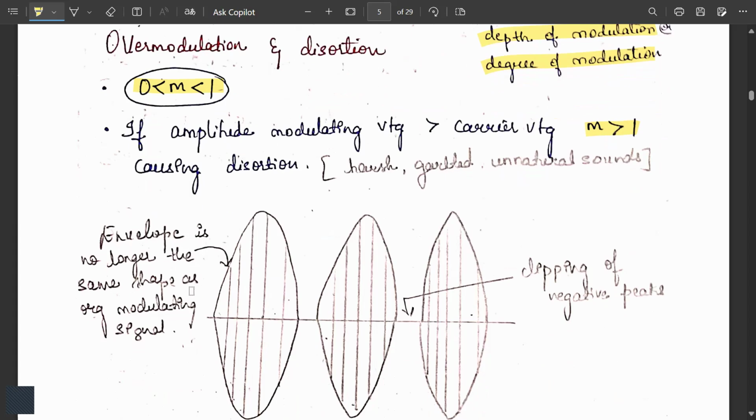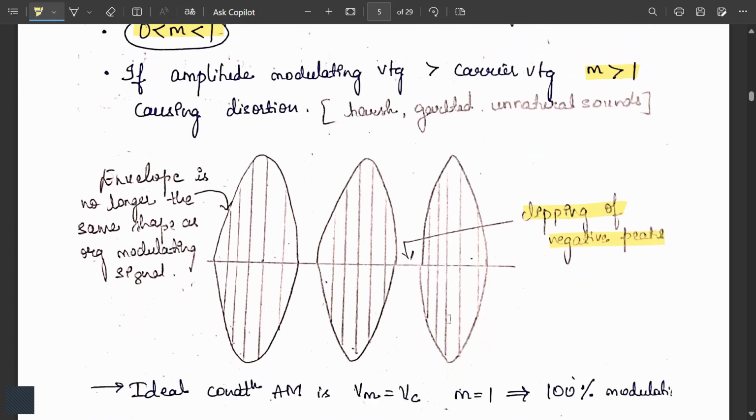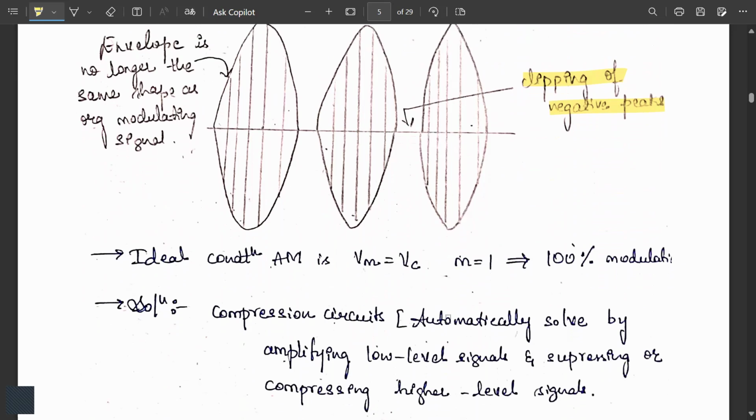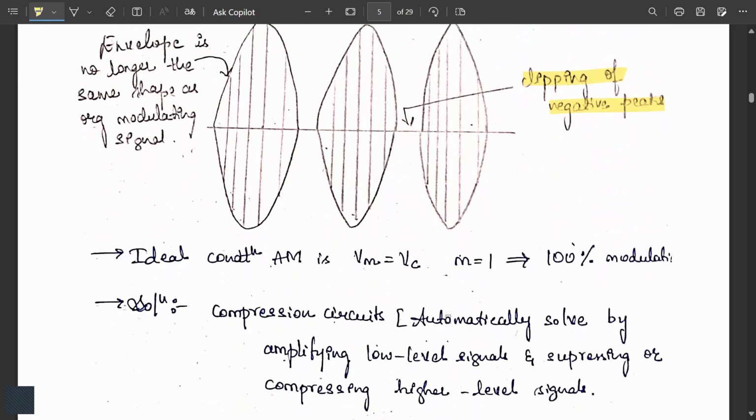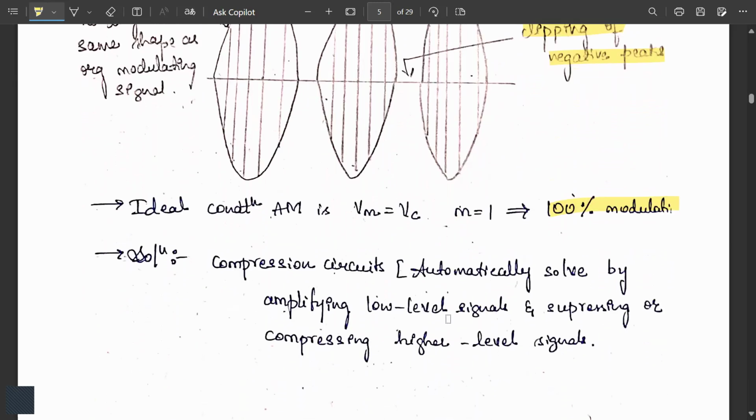This envelope is no longer in the shape of the modulating signal. There is a clipping of the negative peaks here. So this is called distortion. For an ideal AM, Vm is equal to Vc, that is 100% modulation. So what is the solution? We use compression circuits, which automatically solve it by amplifying low level signals and suppressing or compressing high level signals.